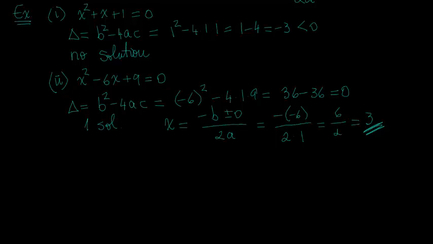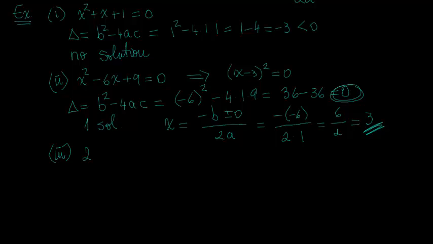And we could have seen this in this case by factoring, namely this factors into (x minus 3) squared equals 0. Always, when you have the discriminant equal to 0, you will be able to factor your expression into a perfect square.